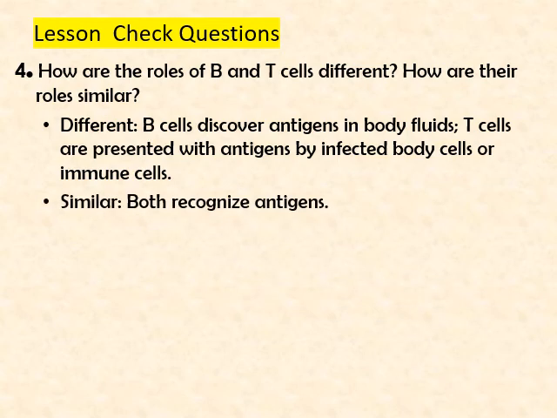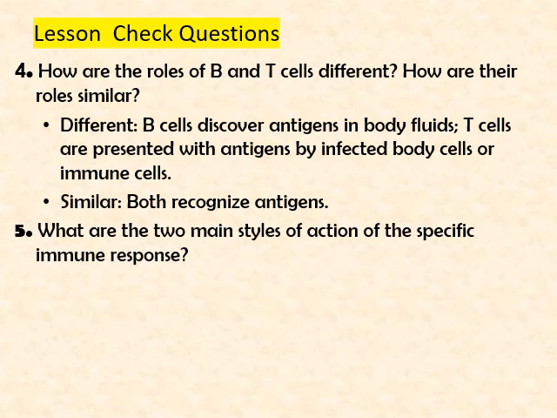Similarity: both recognize antigens. Question number 5. What are the two main styles of action of the specific immune response? The two main styles of action of the specific immune response are the humoral and cell-mediated responses.